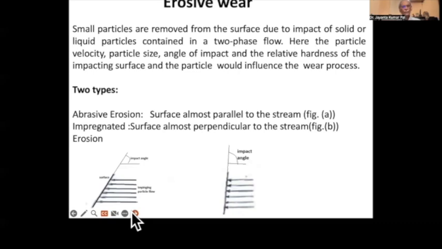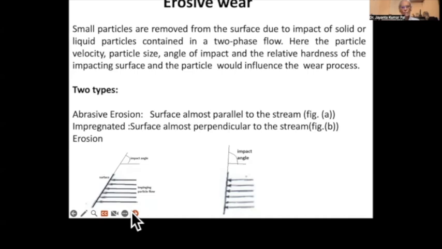Now this is erosive wear. I think this is known to many of us that when there is a two-phase flow, meaning a fluid flow containing solid particles, say air with sand particles, water with again sand or other particles, when they go and hit a surface, some material will be displaced and it becomes wear debris.